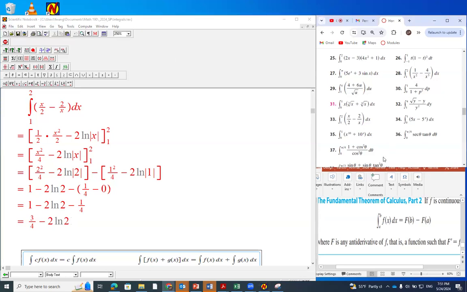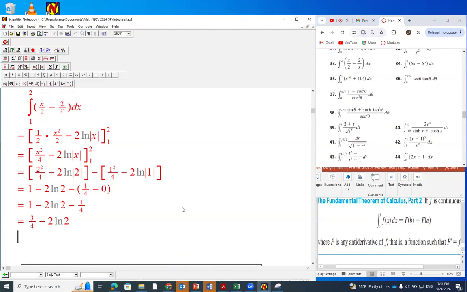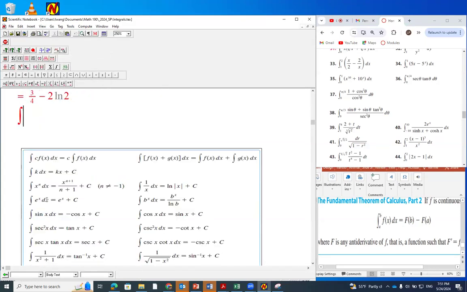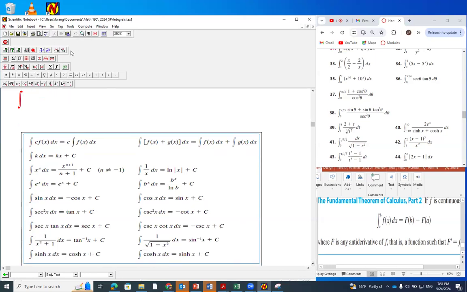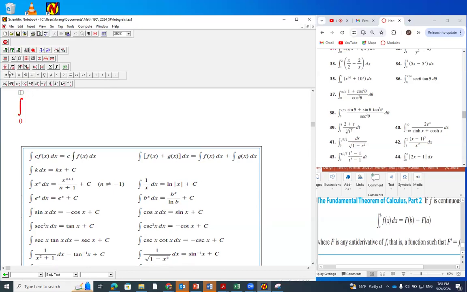You're done. There are a couple of trick questions. They're not super hard, but I'm going to leave 37 for you, and you can see technically you know how to do it by the time I do 38. On 38, we have an integration, which is of course a definite integral. The lower limit is 0, the upper limit is pi over 3.